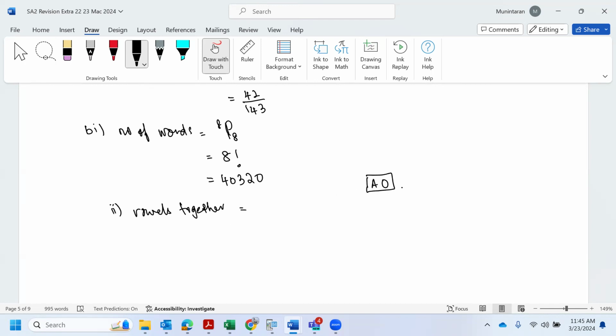And then you have 1, 2, 3, 4, 5, 6 other alphabets. So the total will be 7 external, and internal you have 2. So you're going to get 7P7 multiplied by the internal, within A and O, which is 2P2. Your answer is 10080.